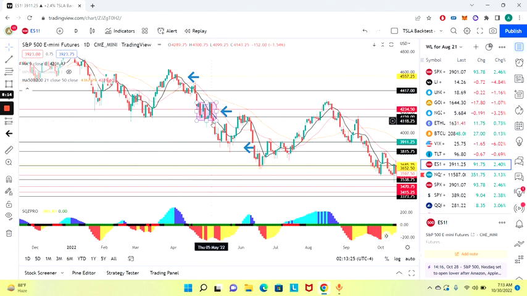Reaction from 21 MA, we go back to the edge of the recent trend we had, and then we break out. So 21 MA box breakout, and then the last one is in this case where we go back to the edge of the box, but the breakout fails. And that's a failed breakout. In that case, we have a very high chance of going back to the 50 MA.